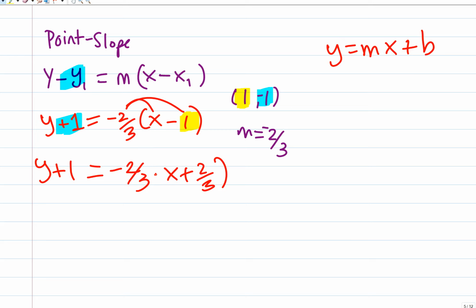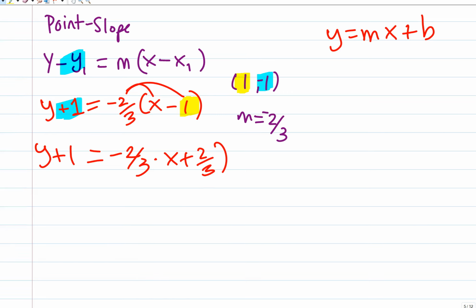Because it distributed. And last step. Confidently, how would you solve for that y? What would you do? Yeah, subtract the 1 away. And now I got y equals negative 2/3 x, how about minus 1/3?